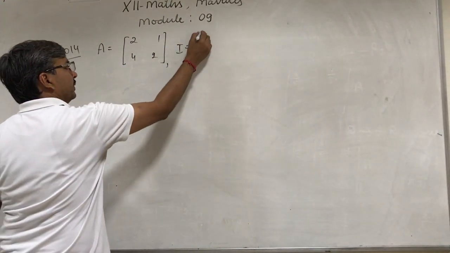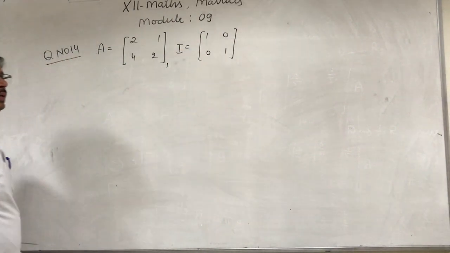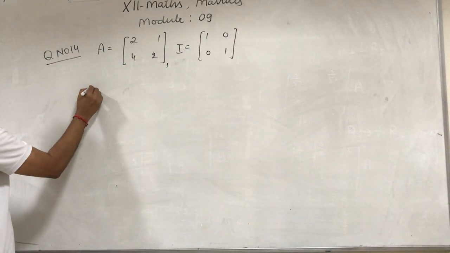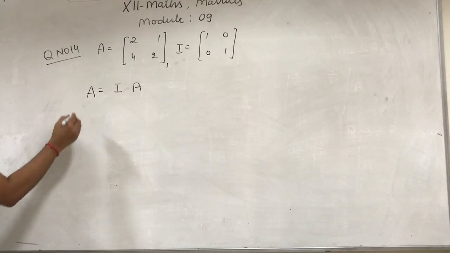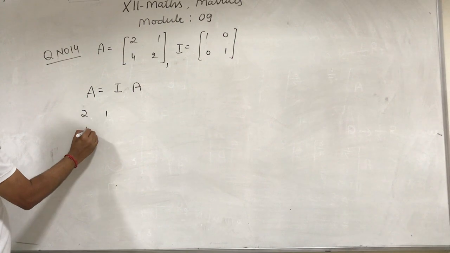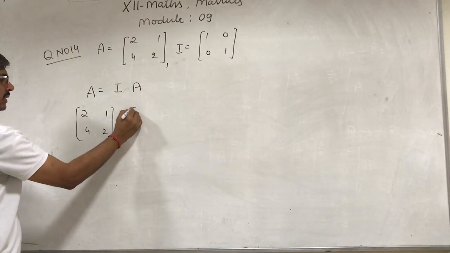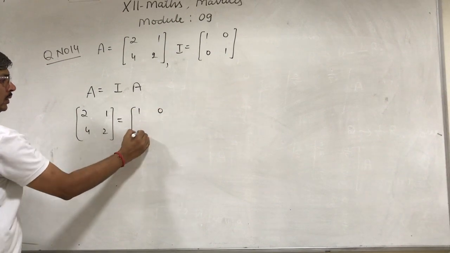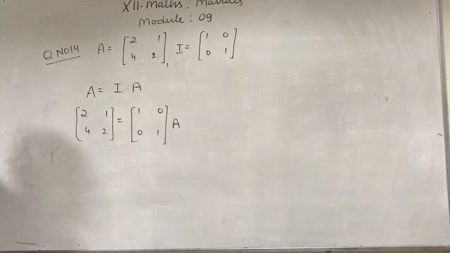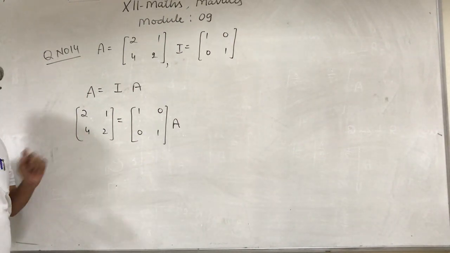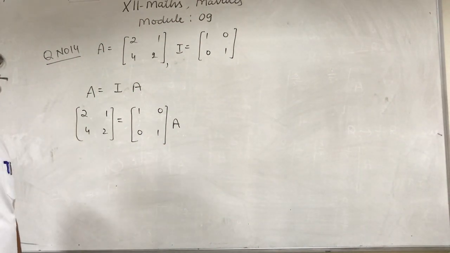I will be [1, 0; 0, 1], and here we will start with A equal to IA. A is [2, 1; 4, 2] equal to I, [1, 0; 0, 1], into A. We will convert this into I, and we will start the operations.